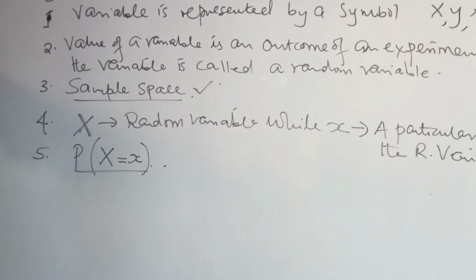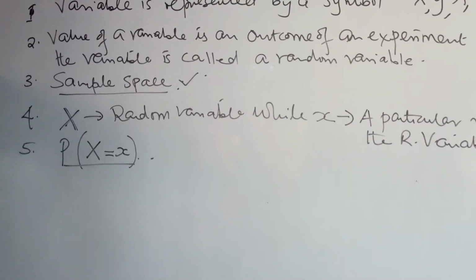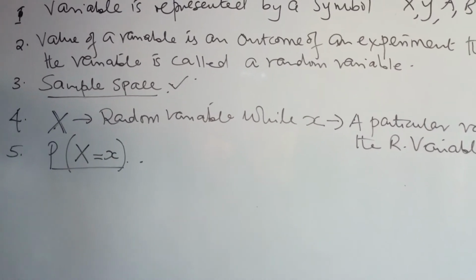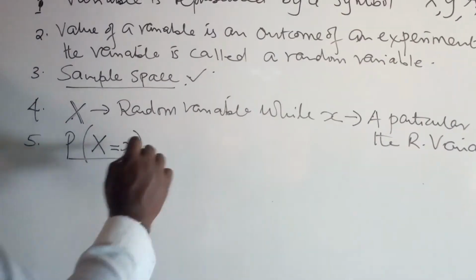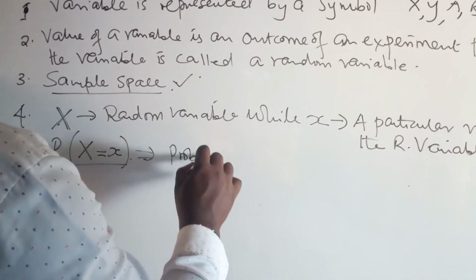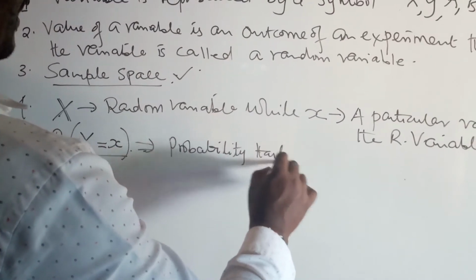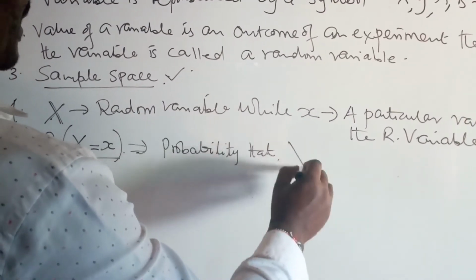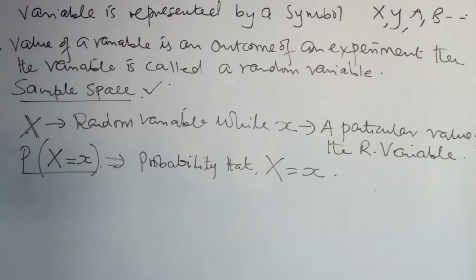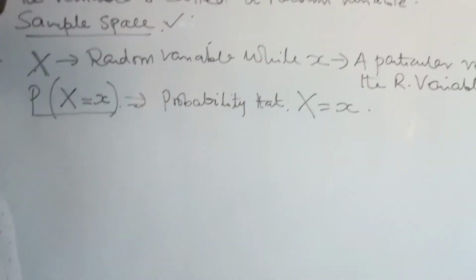For a random variable X, where x is a particular value of X, the probability of X equals small x refers to the probability that capital X is equal to small x.